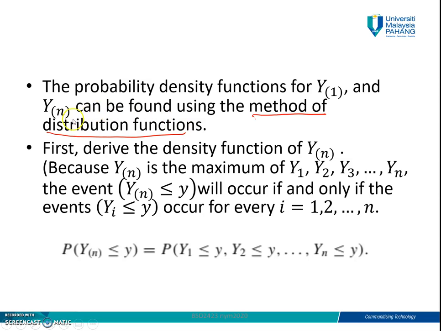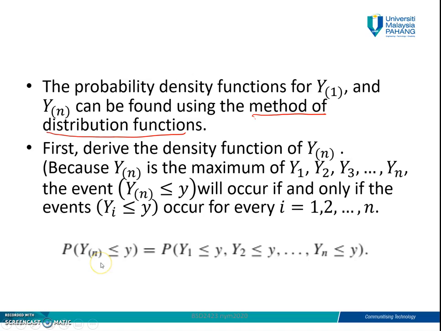First, what should you do? As usual with the method of distribution function, first you derive the density function of y(n). Because y(n) is the maximum of y1, y2 until yn, the event y(n) less than or equal to y will occur if and only if the events yi less than or equal to y occur for every i from 1 until n.